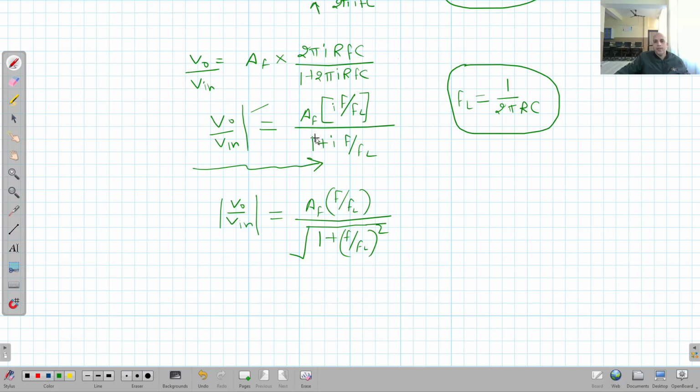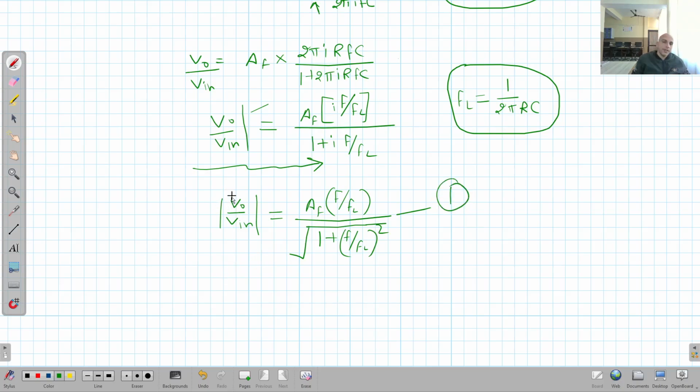Clear? Because when you take the magnitude of the numerator and the magnitude of the denominator, the magnitude of the denominator becomes 1 squared plus this squared, whole term under the root. So this is the transfer function magnitude, right? This is equation number 1.